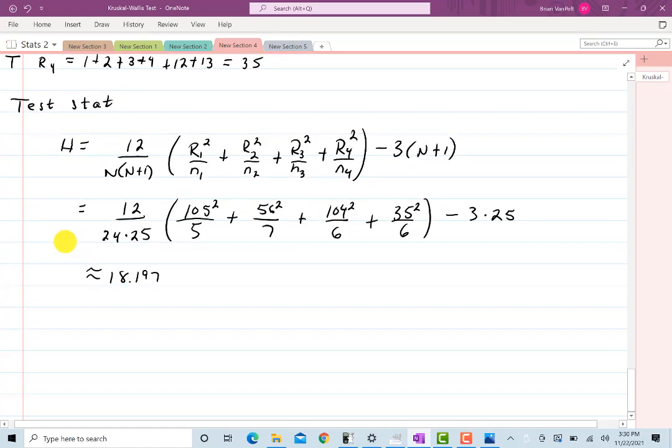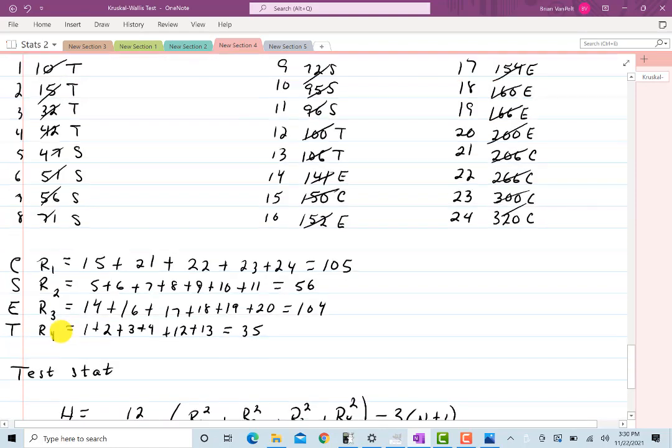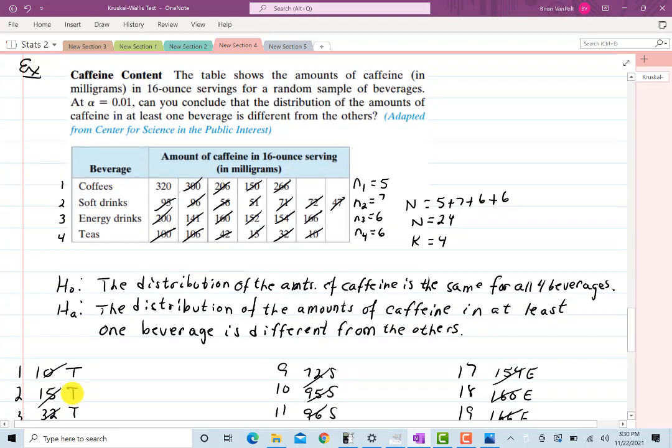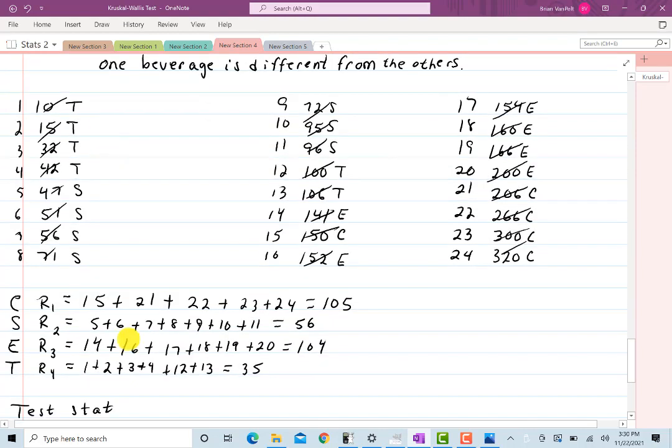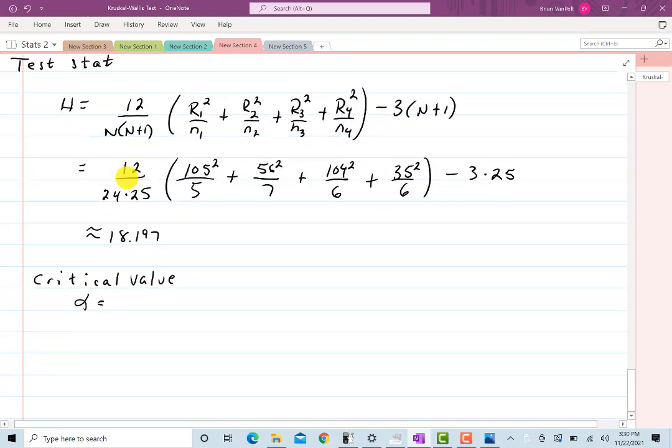All right, now let's go ahead and get our critical value. Remember, this is a right-tailed test, so there's only going to be one of these things. Alpha was equal to 0.01. Degrees of freedom is equal to k minus 1.